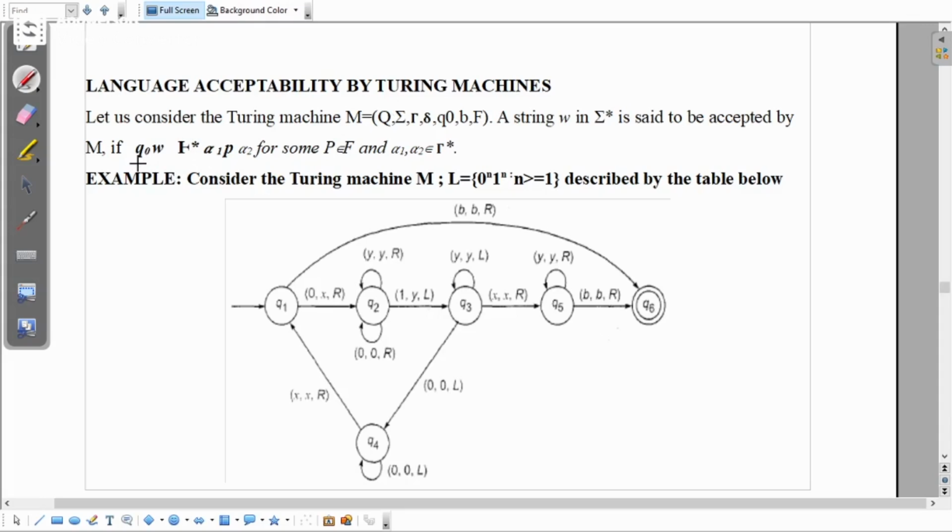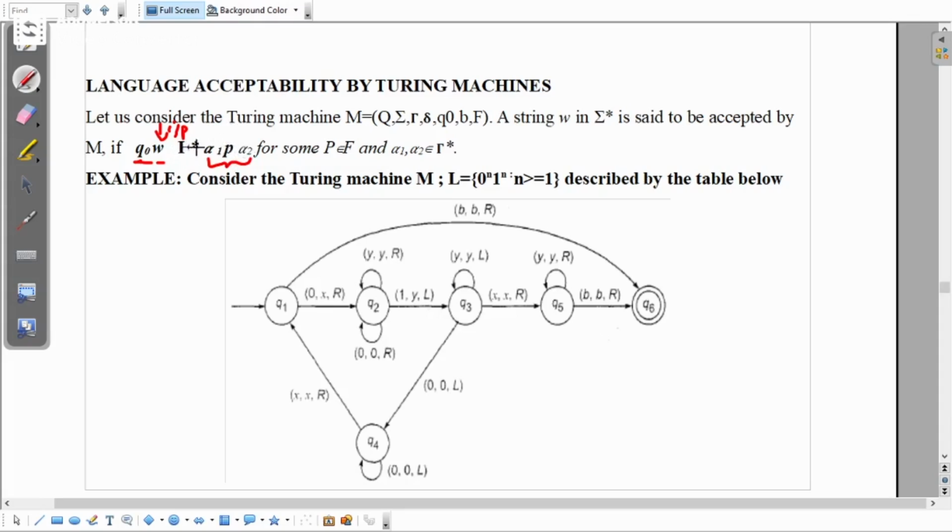So how do you start checking whether the string is accepted by the Turing machine or not? You need to start from the start state, followed by the string as your input, and then you need to take so many steps and finally you can get in this format, that is alpha 1 p alpha 2, in the sense p is a final state.